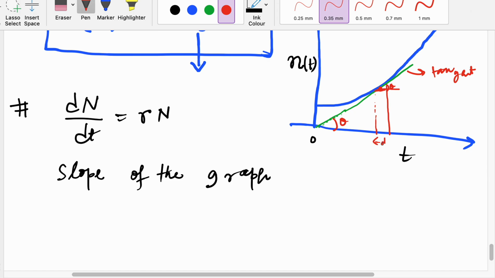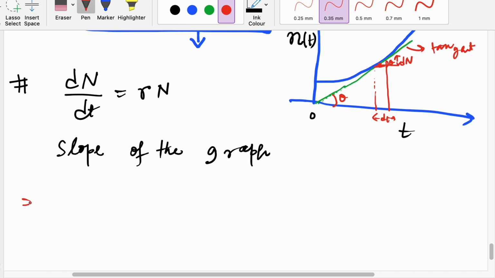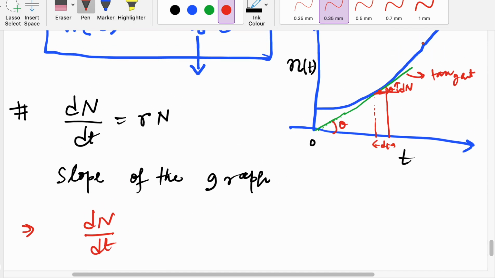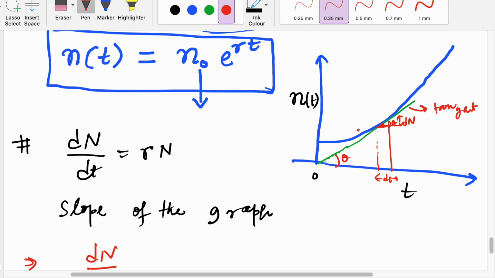Since this is dt and the increment in that time is dN, dN/dt is the slope of this curve at the red point.